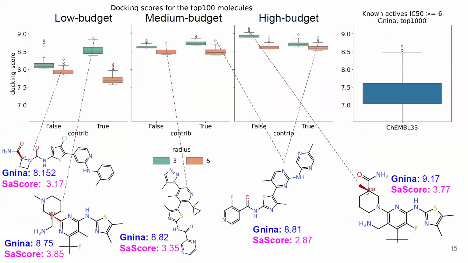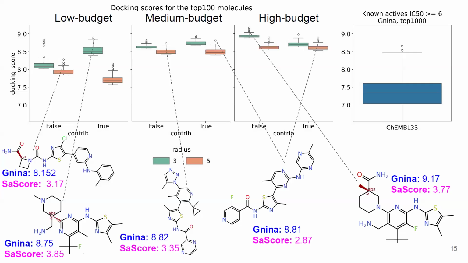Here we wanted to compare the distribution of the top 100 generated molecules for each scenario, for each radius, and also to compare it with the distribution of docking scores of already known inhibitors from Campbell. You can see that in all cases we could improve docking somehow.